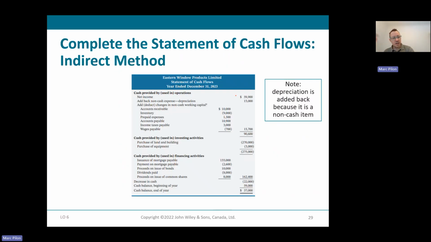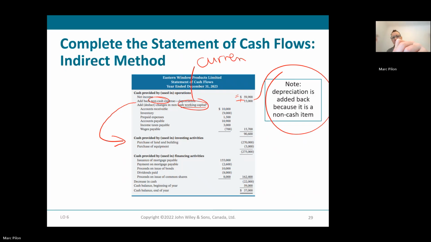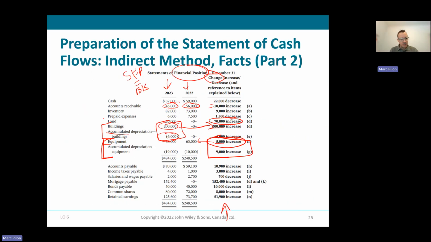We start with our net income. We add back non-cash expenses, depreciation. Depreciation is always added back, it's always non-cash. The initial investment is part of investing activities. And then we adjust for the changes in working capital, which is another word for current assets and liabilities. So I looked at these changes, which if I look at my balance sheet, would be all this, okay?